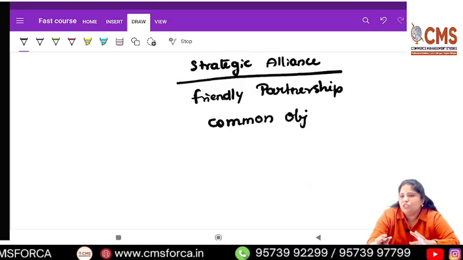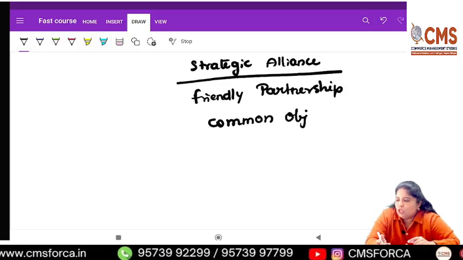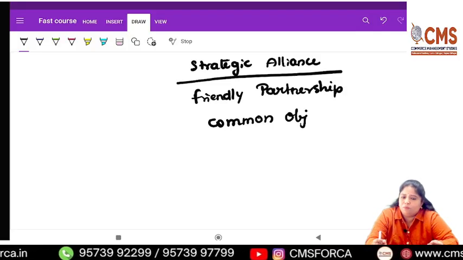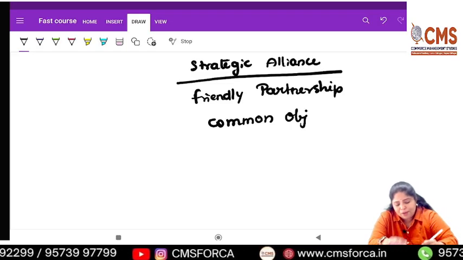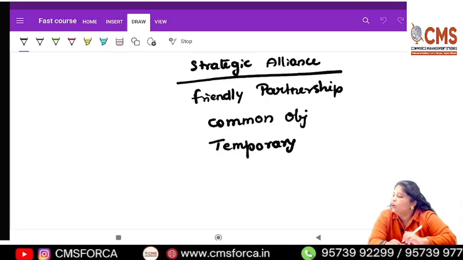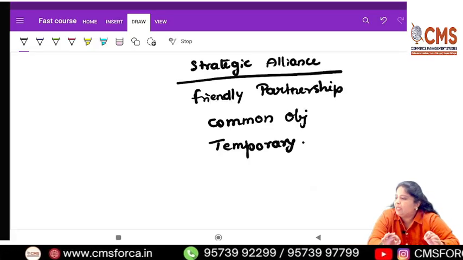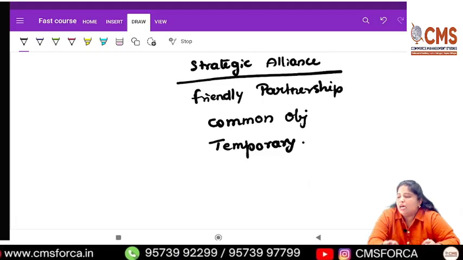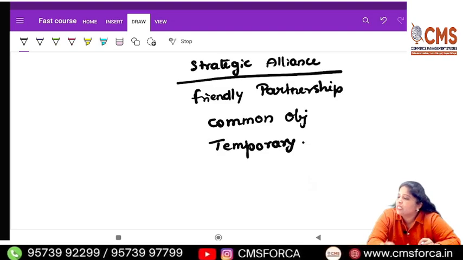See, an alliance usually is not that fruitful if your objectives are not common. So, you must have some common objectives, then you can think of forming a partnership. And purely, it's temporary. Alliances are usually not considered to be permanent. Alliances are always purely temporary. Why? Because a strategic alliance exists only till the time the purpose is achieved.